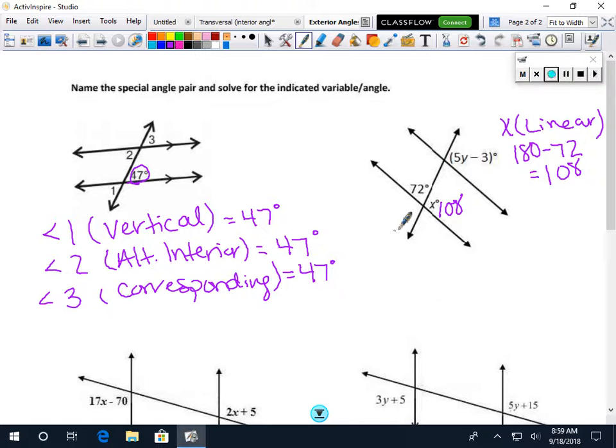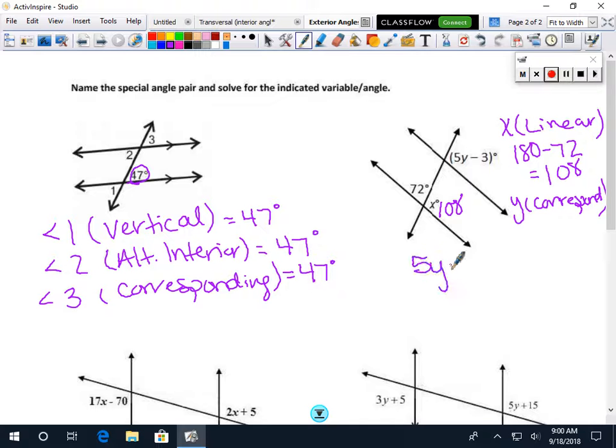Now that I have 108, I know that x, the 108, and 5y minus 3 are corresponding. So to solve for y, I'm going to use corresponding, and I know that corresponding angles are congruent.